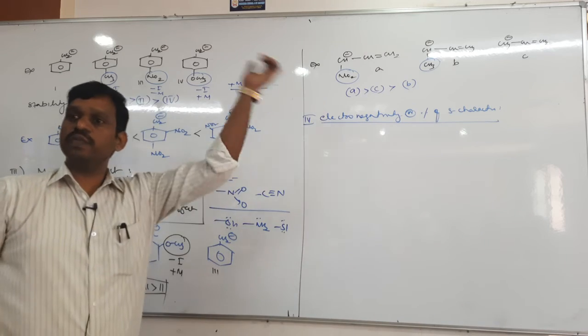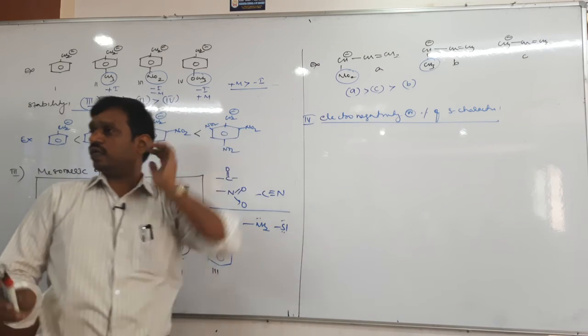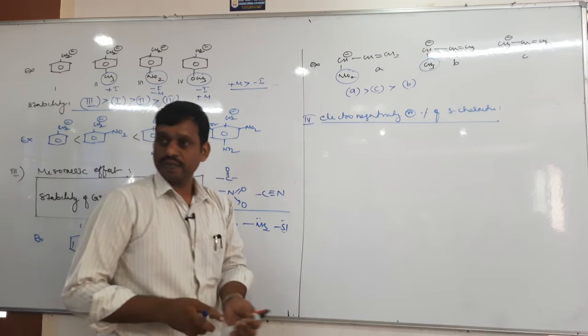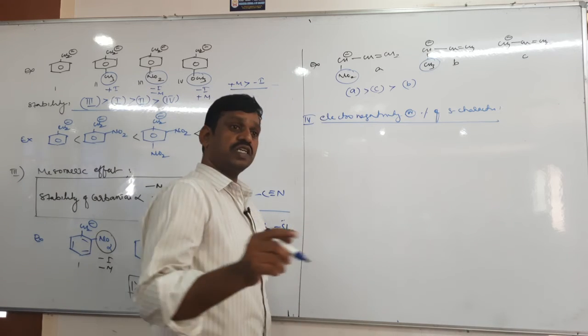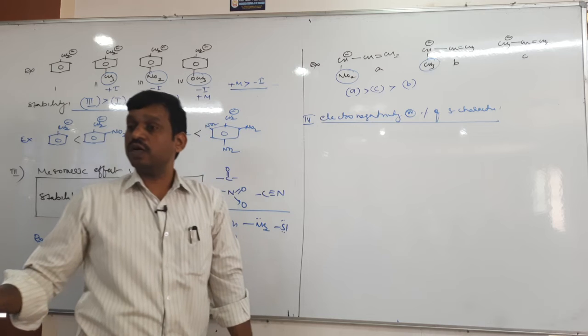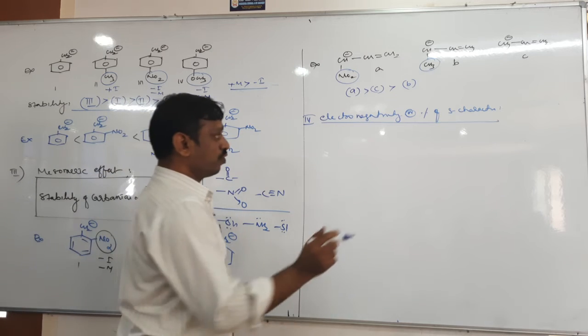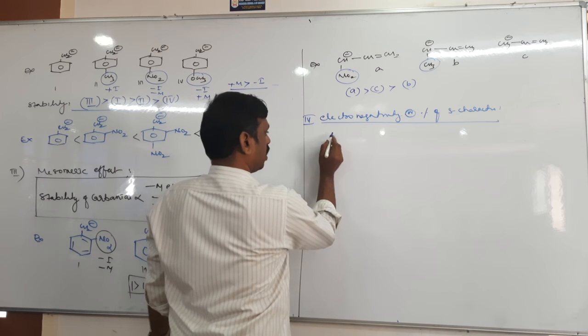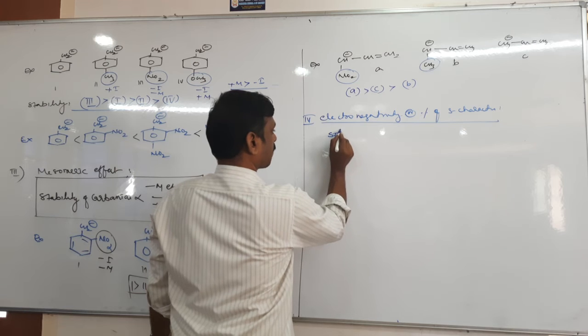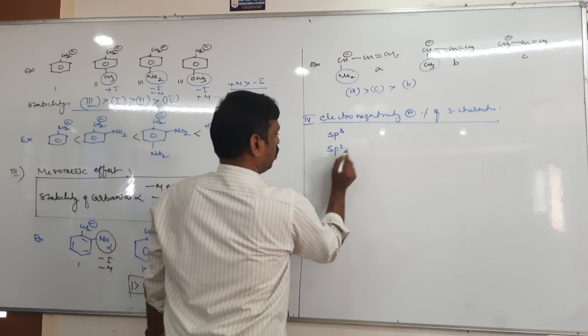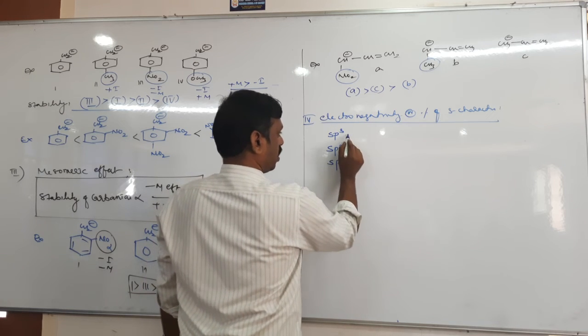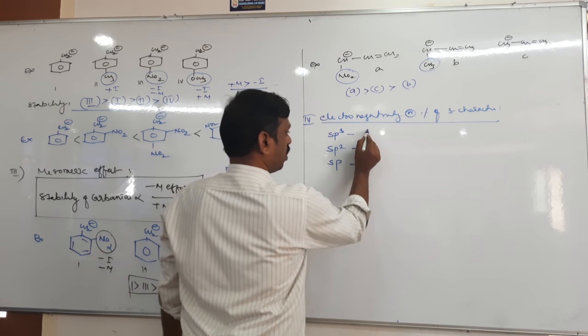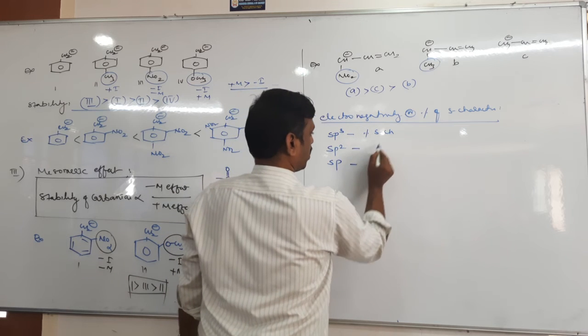So what is the relation between percentage of s character and electronegativity? Yes, as the percentage of s character increases, electronegativity increases. So we have studied this, like in sp3, sp2, sp. Right. In sp3, sp2, sp, what is the percentage of s character?